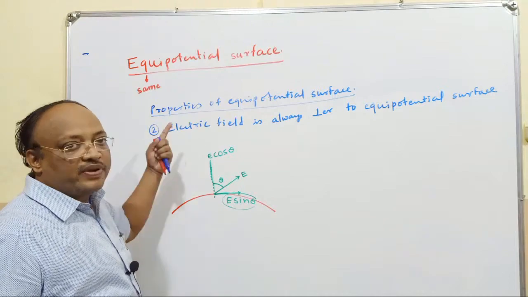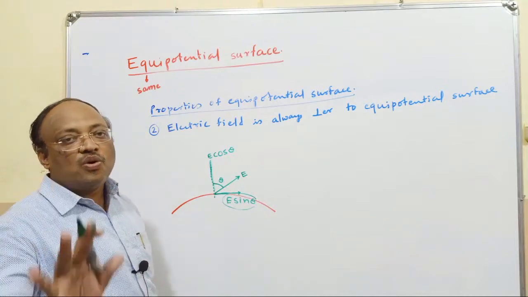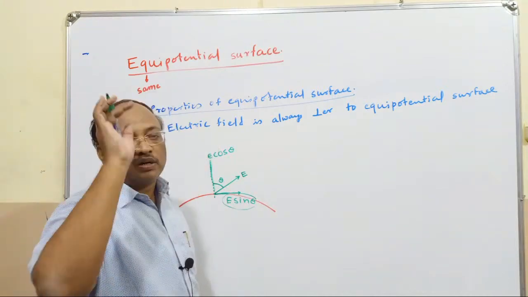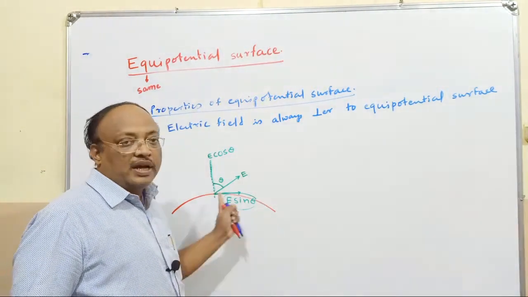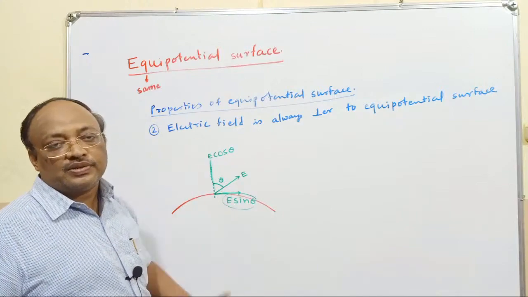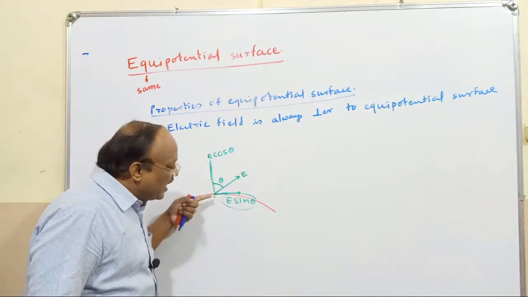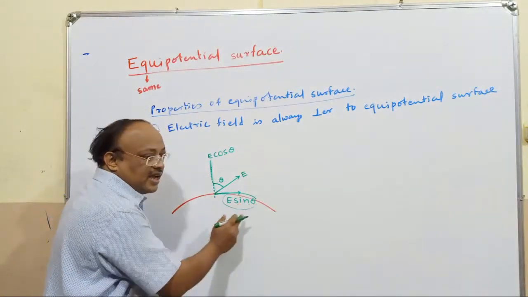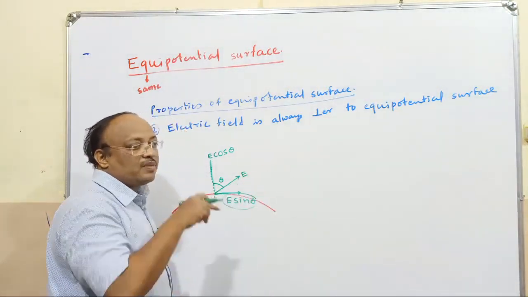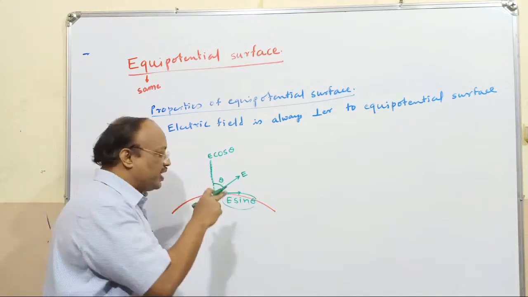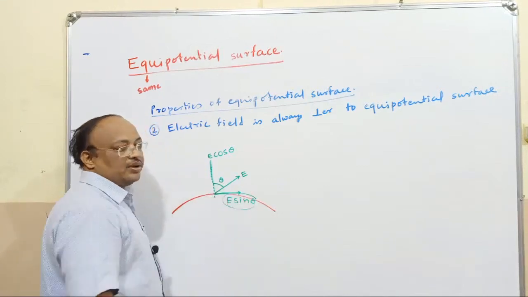So what is the previous property we have seen? No need to do work on the equipotential surface. So this E sin theta is making the charges move here by applying a force.